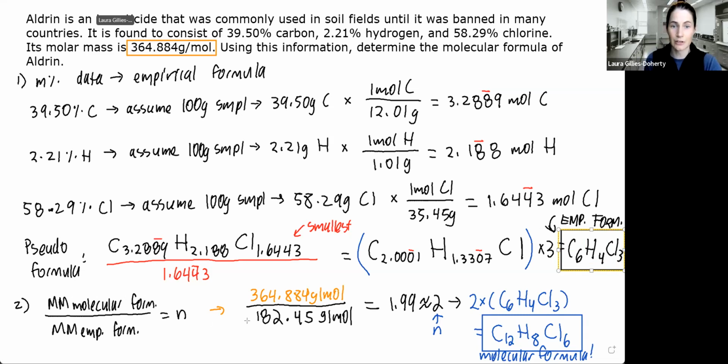We calculated the molar mass of the empirical formula by taking the mass of 6 carbons plus the mass of 4 hydrogens plus the mass of 3 chlorines and adding them all up. When we divided those two, we get the N value, the multiplier value. It was 2. So that means we have to take our empirical formula, multiply it by 2 to get our final molecular formula.